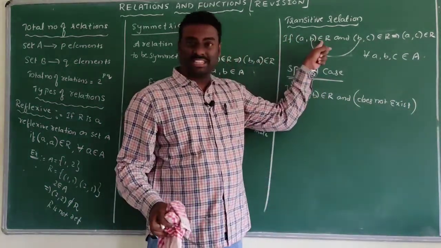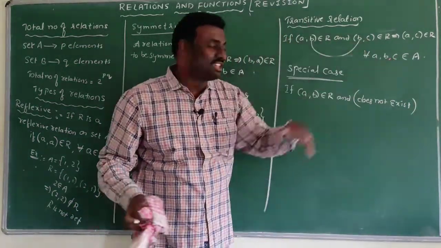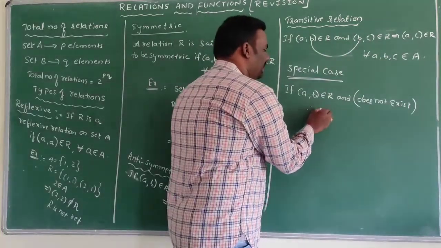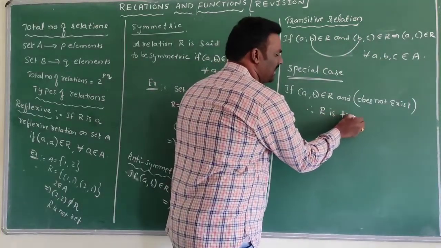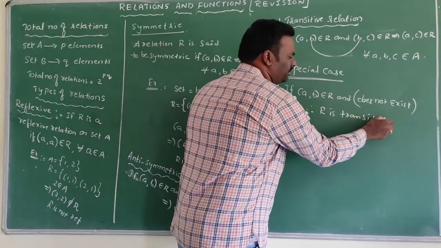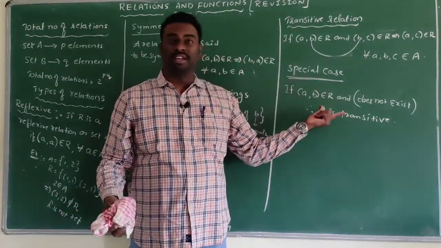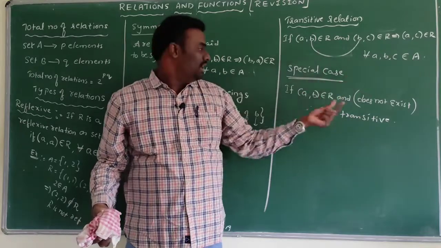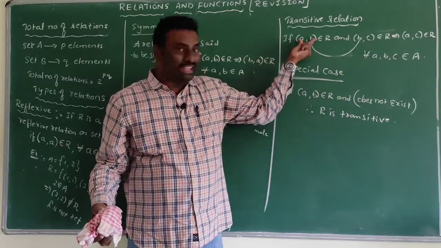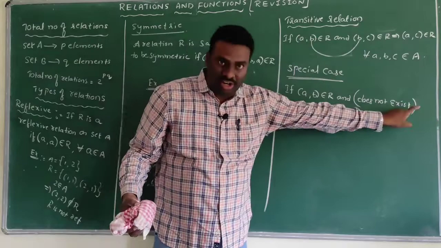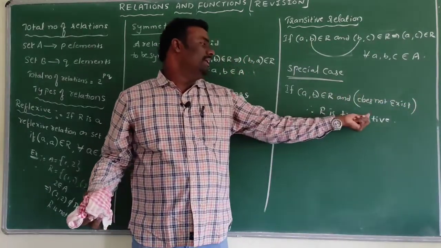The (A, B) pair exists but the second pair does not exist. In this case also we can write R is transitive, because one or two problems are there based on this type. If the first pair exists but the second pair does not exist, by default it can be taken as transitive.